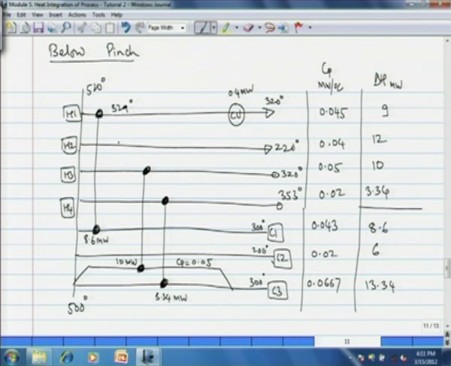So, I am now placing an exchanger. The heat duty on this exchanger is the heat requirement of C2, that is 6 megawatt.